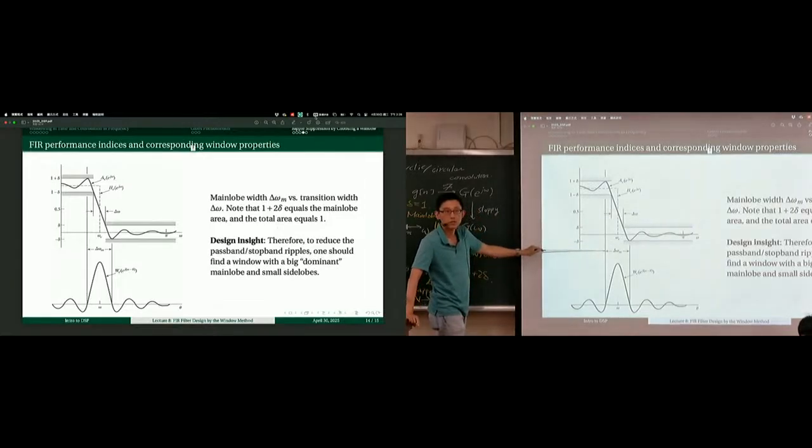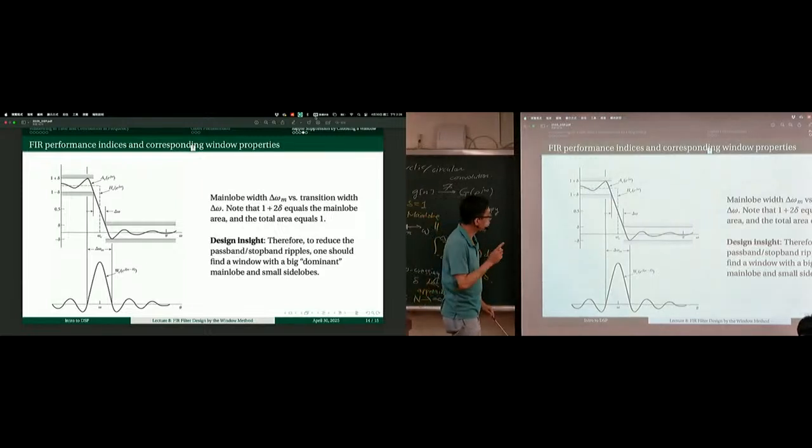But then let's be careful. Usually, when we talk about filter design specs, the transition width is not defined as the distance between this peak point and the valley point, but instead as the distance between these two corner points.